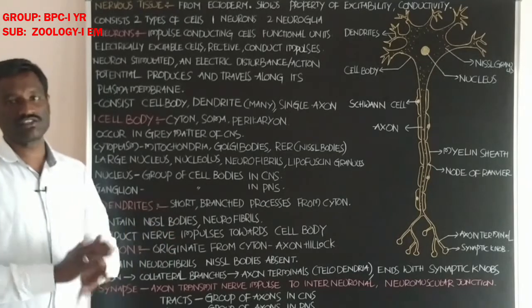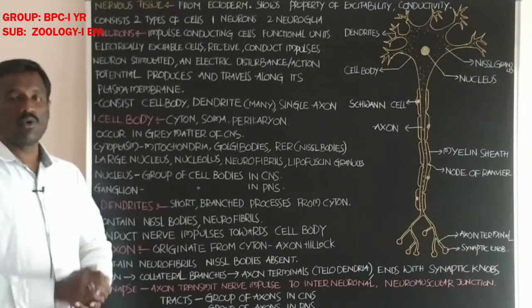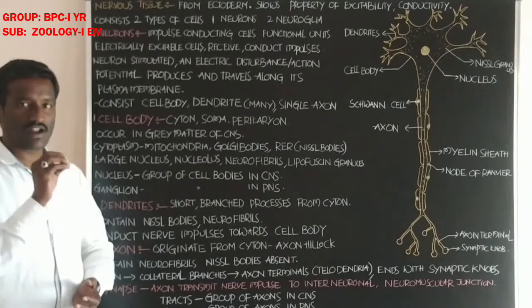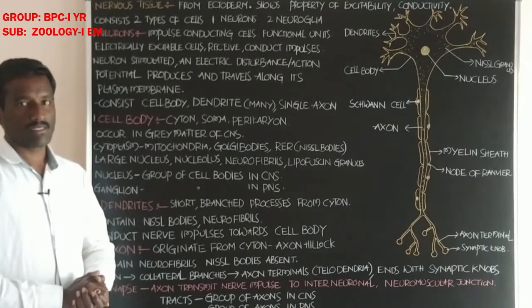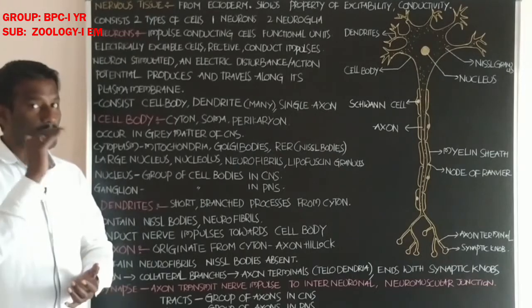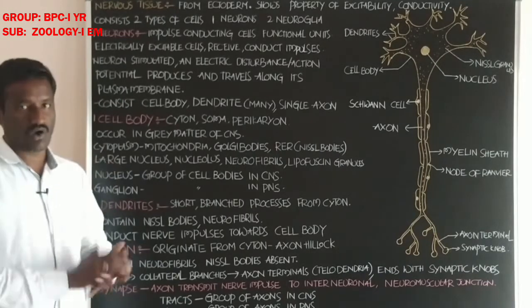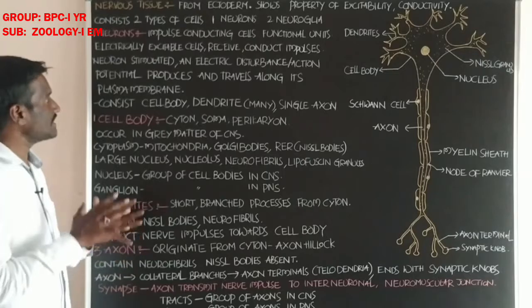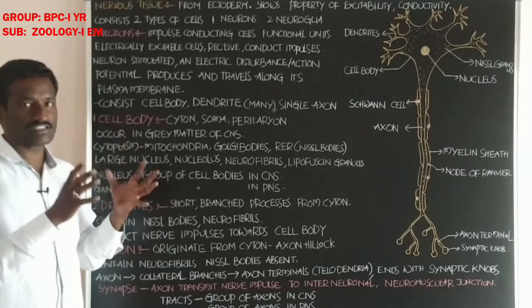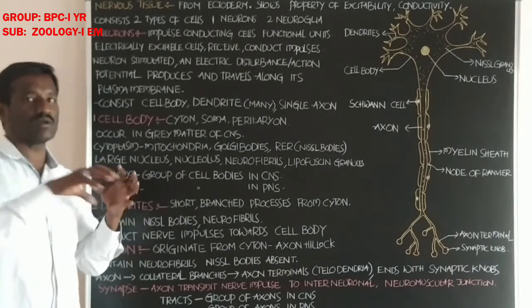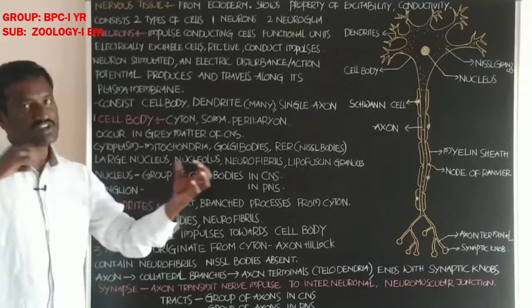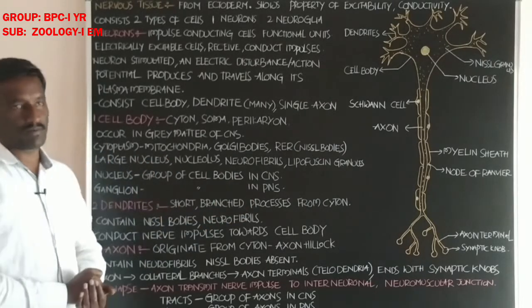Students, when the neuron is stimulated, one type of action potential or electrical disturbance is generated at the membrane of the neuron, and it travels along its plasma membrane.